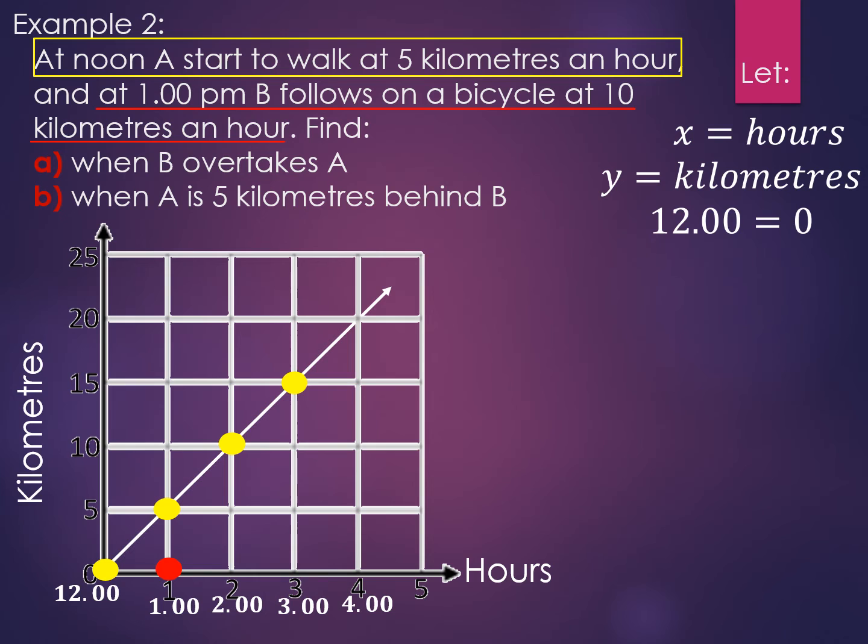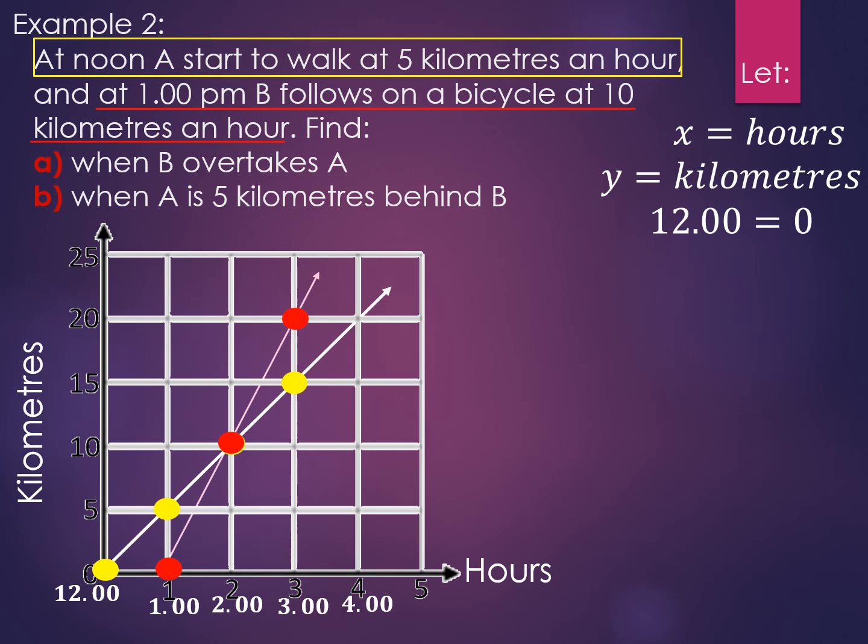It says here the speed is 10 kilometers an hour. So every hour, we are going to add 10. So at 2 p.m., he is in 10 kilometers. And then at 3 p.m., we add 10 again. He is at 20 kilometers. Then let us connect. So that is the graph for person B.